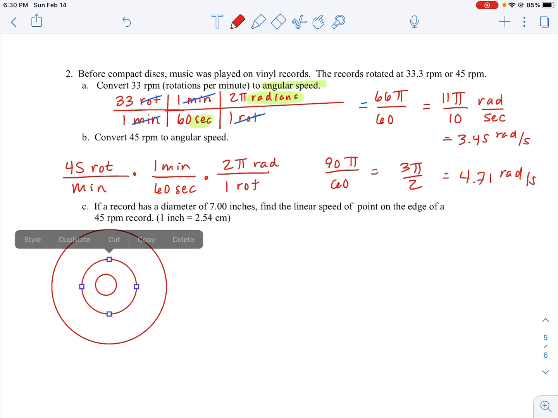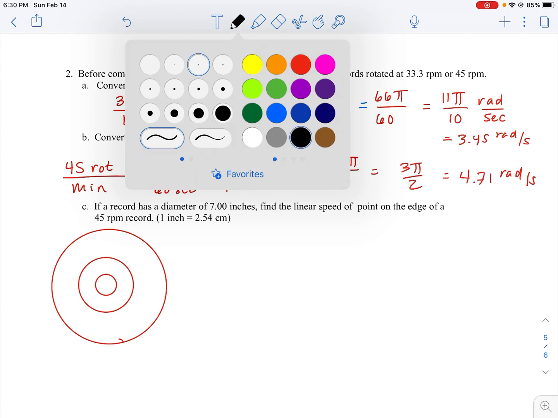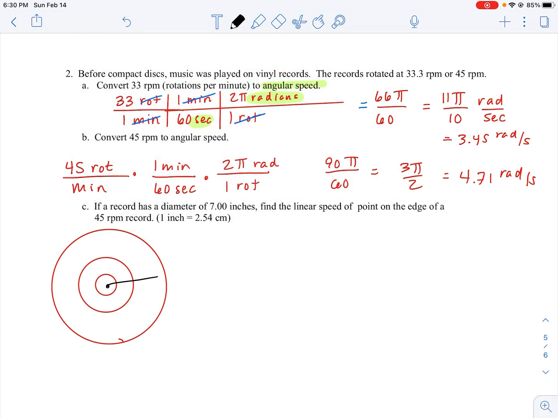So, let's see. I'm trying to get my record to be concentric here, but I'm not doing so hot. All right, well, it'll have to be good enough here. So the record does have a diameter of 7 inches. These are kind of back in now to make a 7-inch record. So the radius is 3.5 inches.